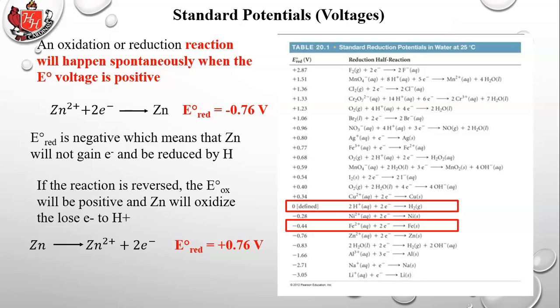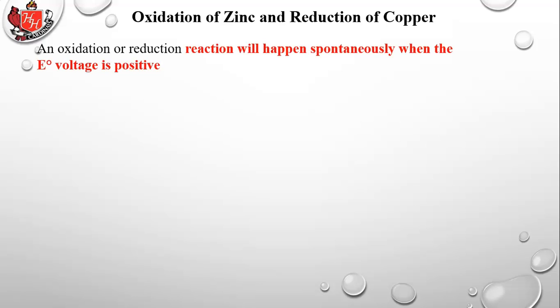The zinc is going to go from a normal atom. It's going to lose the 2 electrons and become a zinc 2 plus ion, and that is a spontaneous process because the voltage, the potential is positive. An oxidation reduction reaction will happen spontaneously when the standard potential of the voltage is positive.